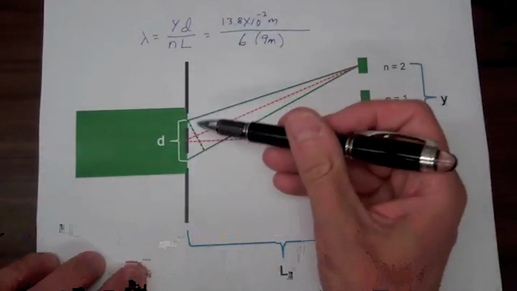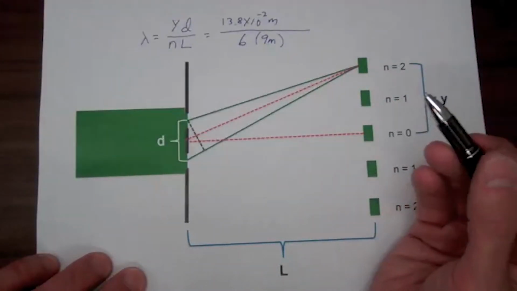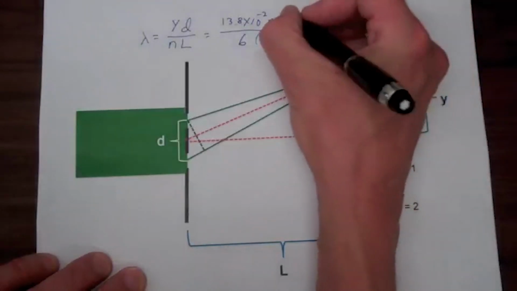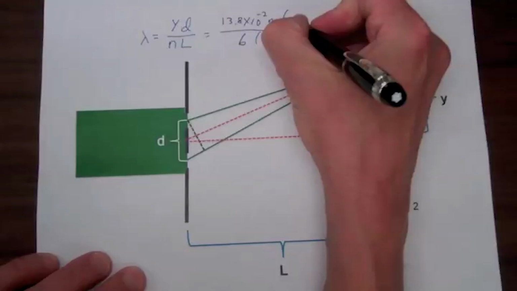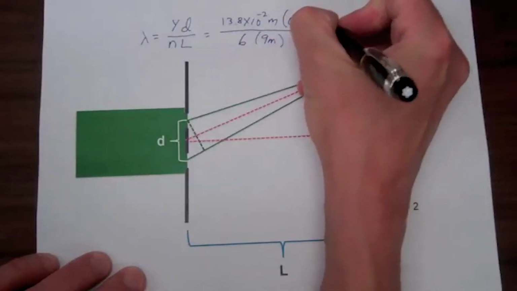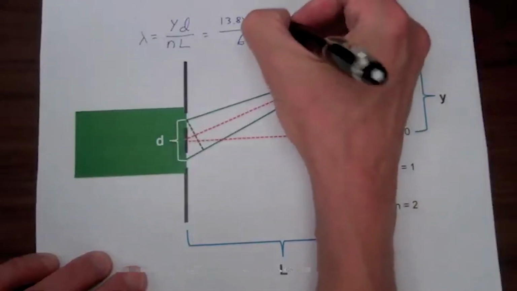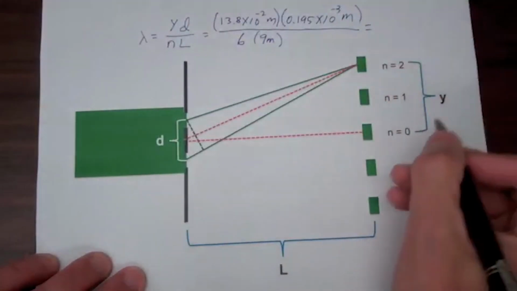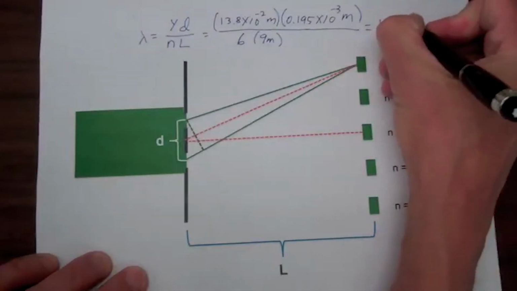And the thickness of the wire we were using across the aperture of our laser was 0.195 millimeters. That gives us a wavelength of 498 nanometers.